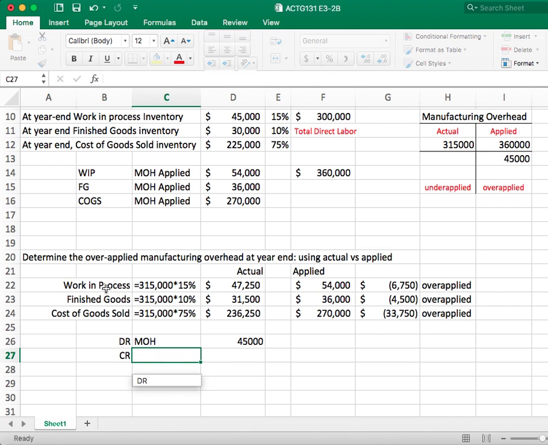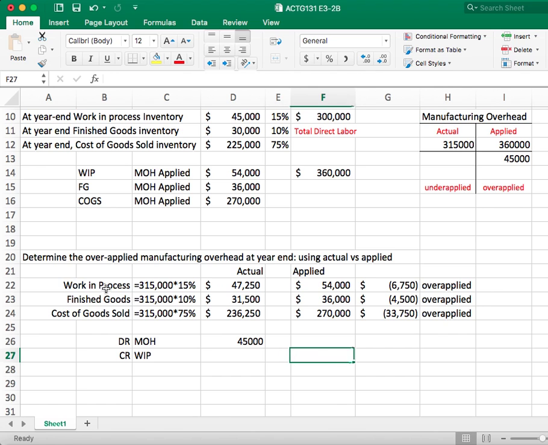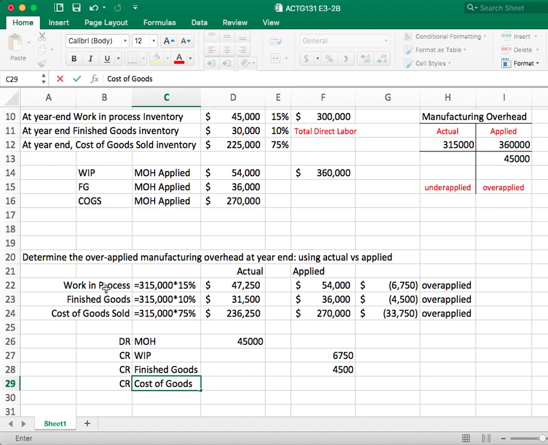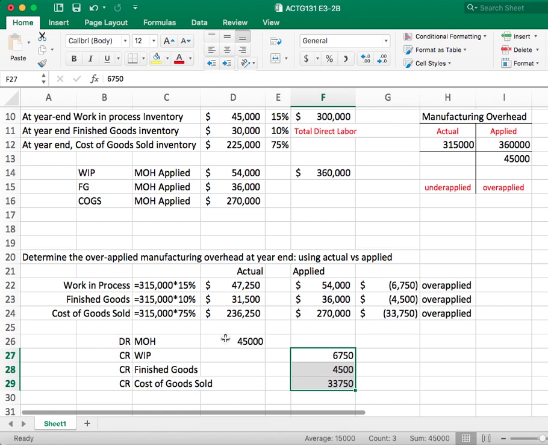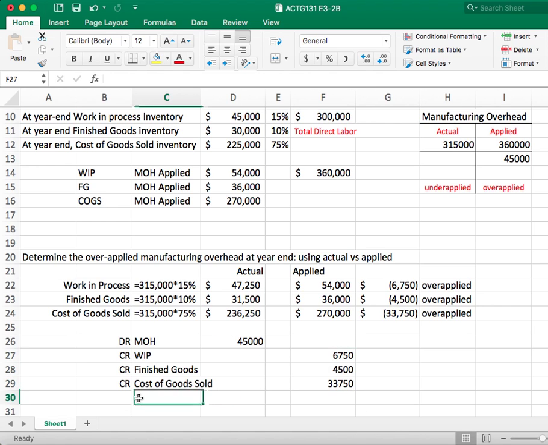Then we would credit work in process for $6,750, credit finished goods in the amount of $4,500, and finally credit cost of goods sold in the amount of $33,750. These three numbers added up equal the $45,000. So that's how we calculate it, and that's how we prepare the journal entry.